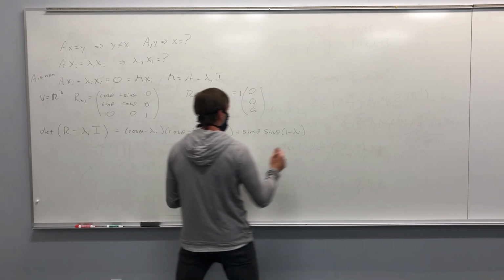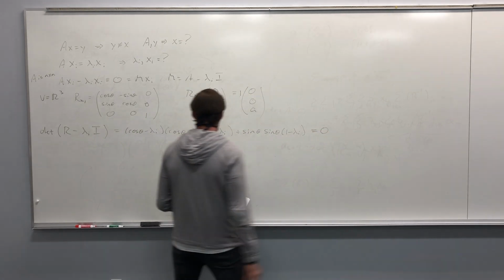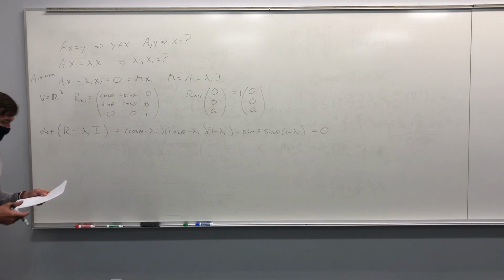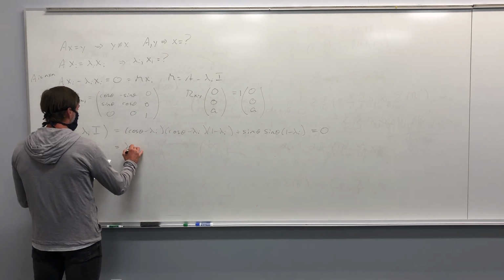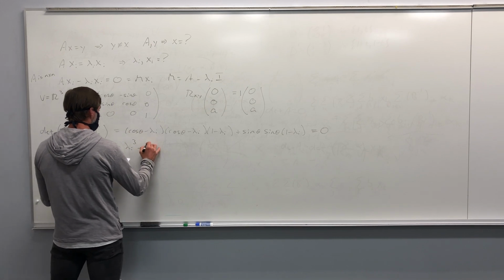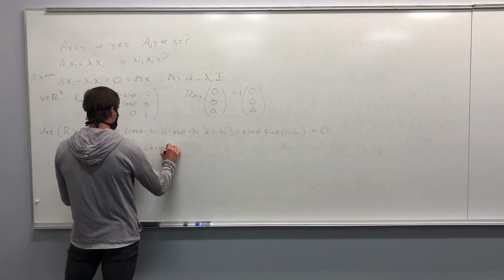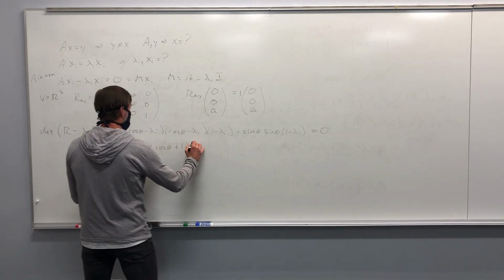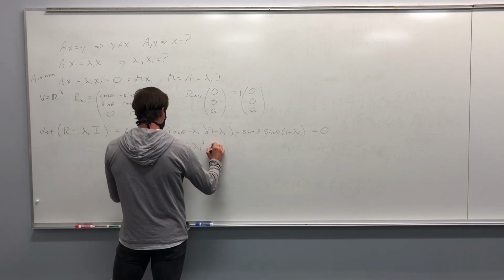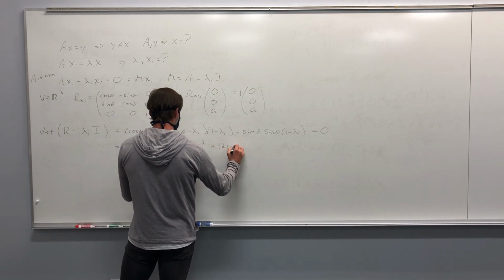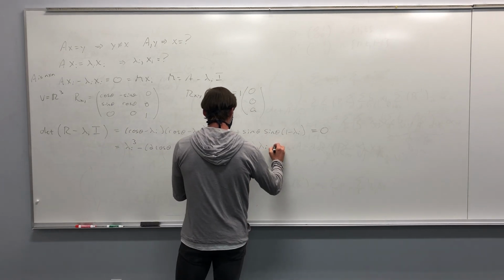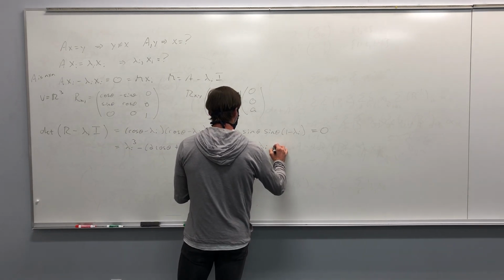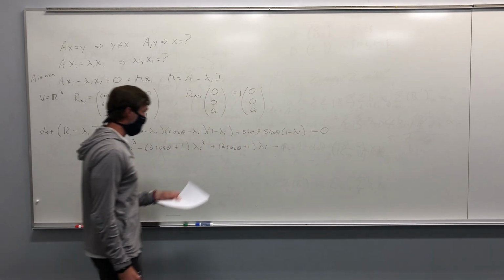And I want that to be 0. So multiplying this out, lambda i cubed minus (2 cosine theta plus 1) lambda i squared plus (2 cosine theta plus 1) lambda i minus 1 equals 0.